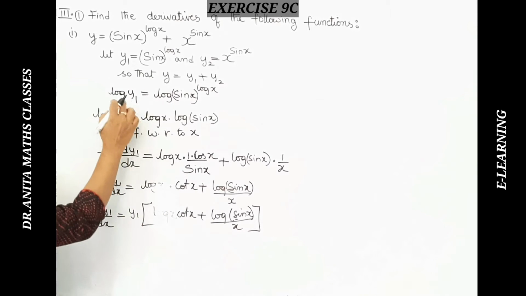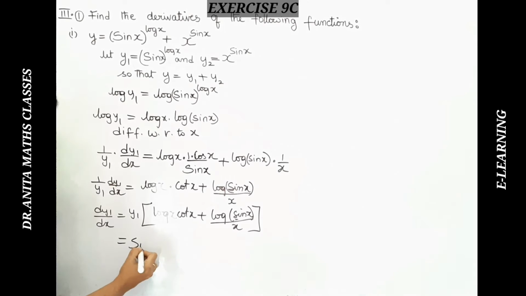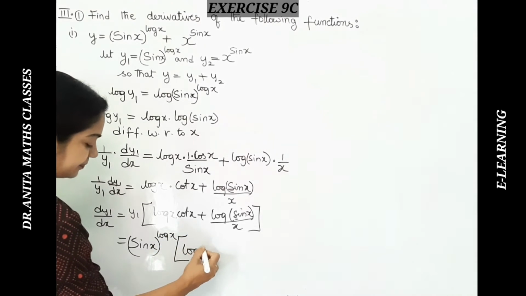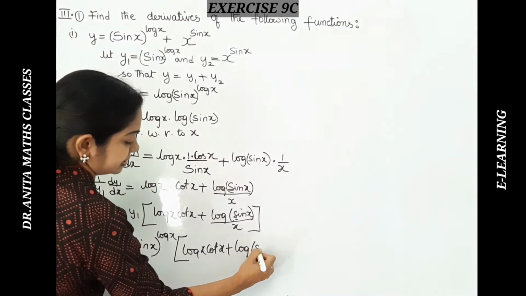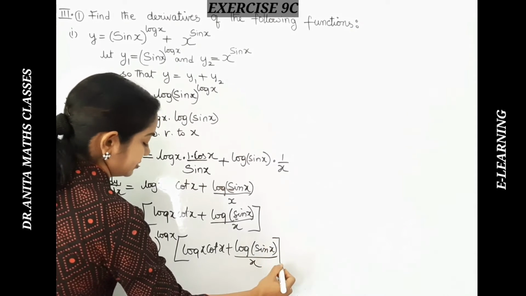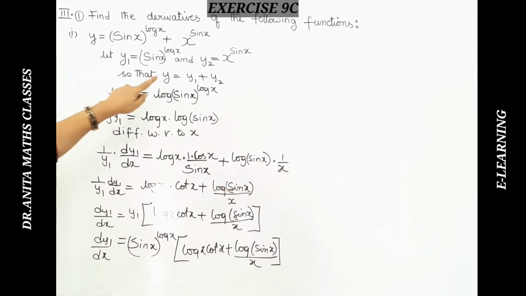So y1 is what we assumed, sin x raised to the power of log x is our y1, so that is log x cot x plus log of sin x over x. So this is dy1 upon dx.